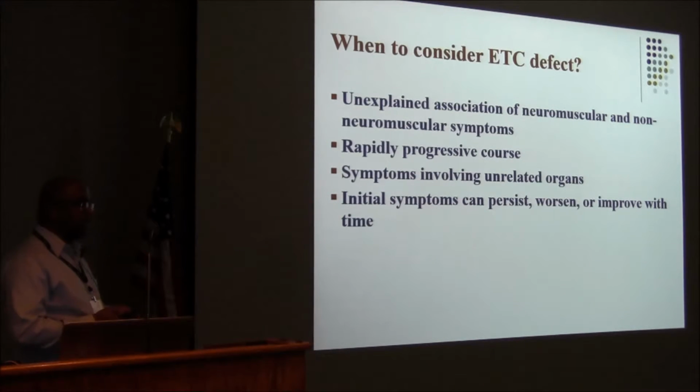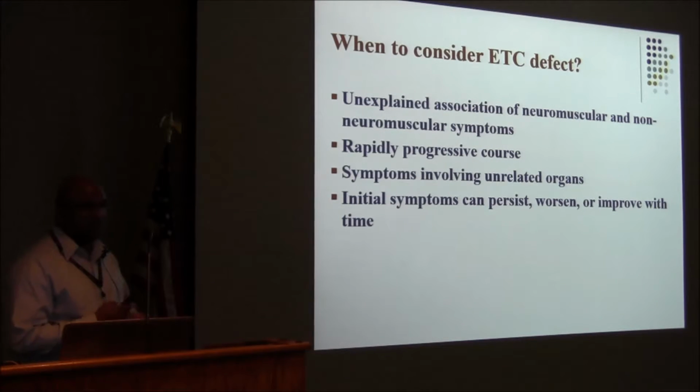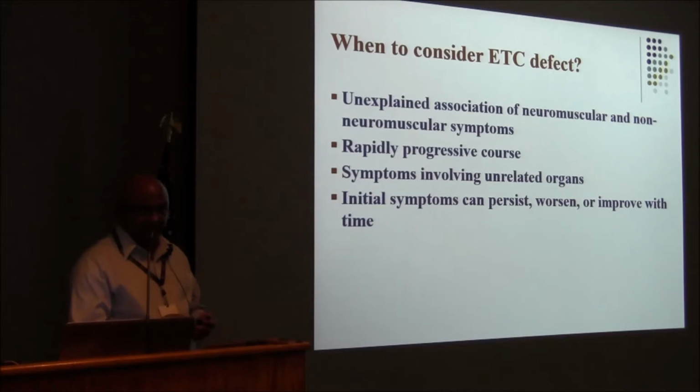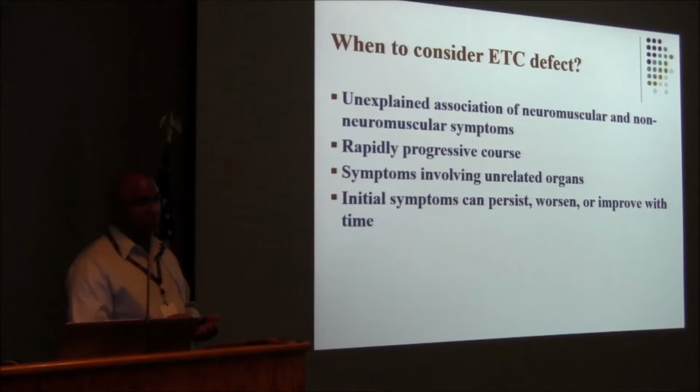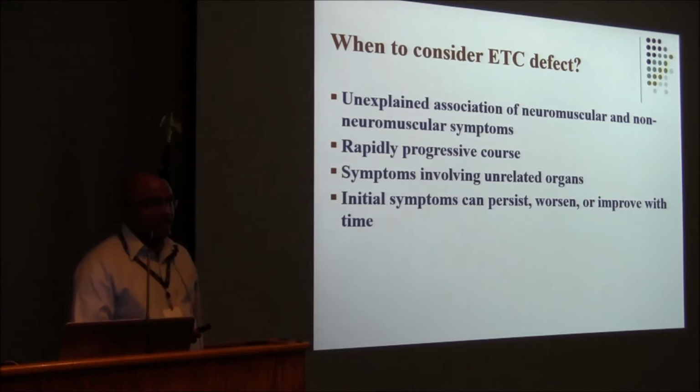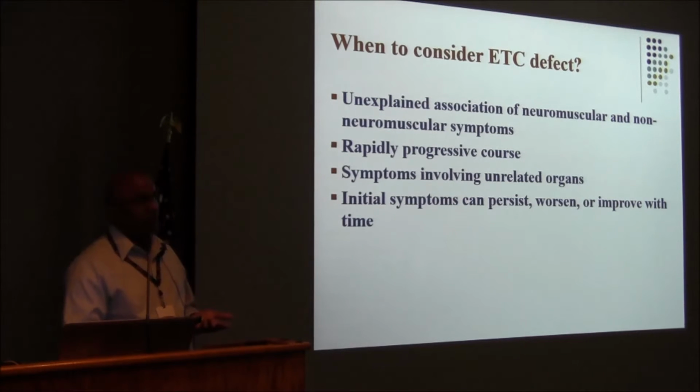In the case of electron transport chain defects, the progression is going to be pretty fast. And these symptoms can persist and they can worsen. Most of the time that's the course, but there are instances where suddenly everything is fine.